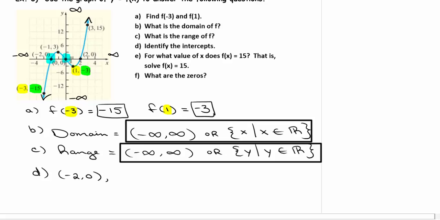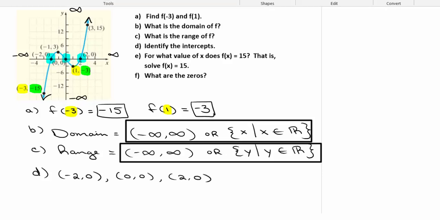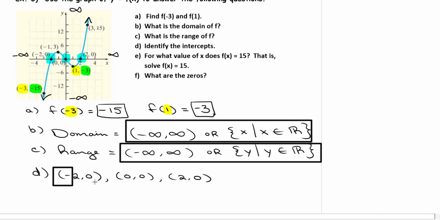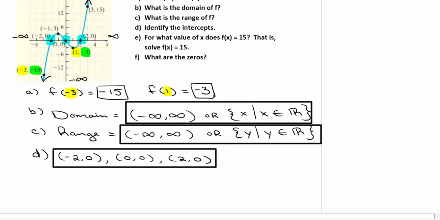This happens to be both an x and a y-intercept at 0, 0. And then the last intercept is going to be right here. That's going to be at 2, 0. Those are all of the intercepts, x's and y's, right? Just one y-intercept.